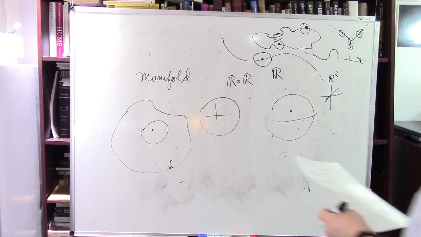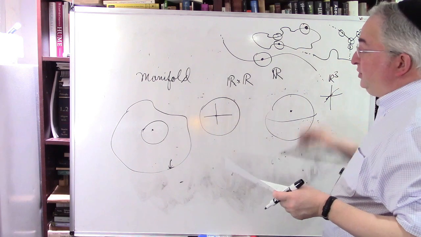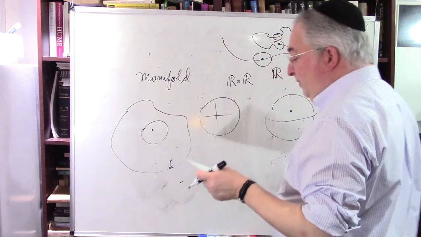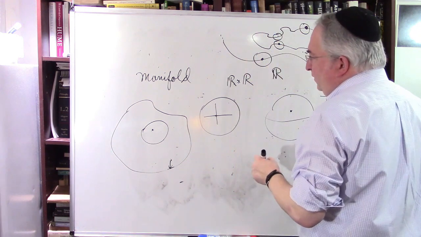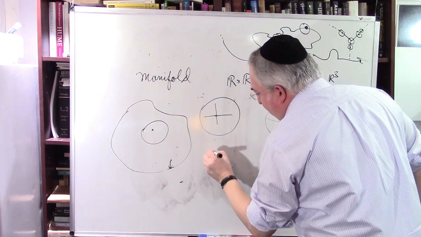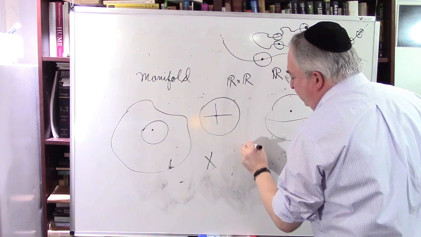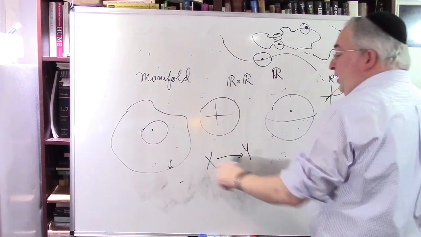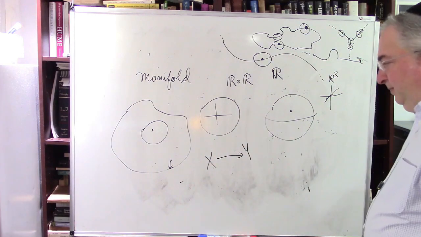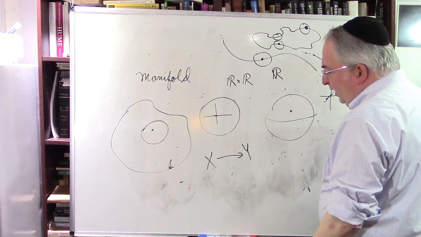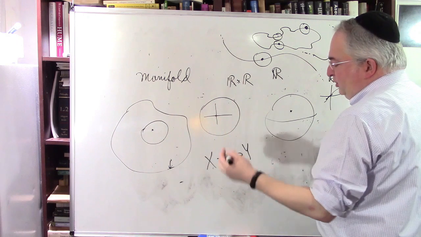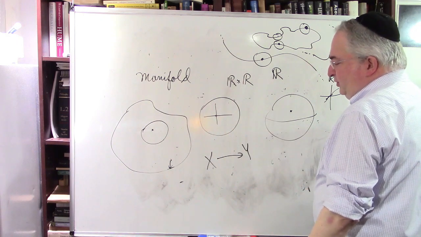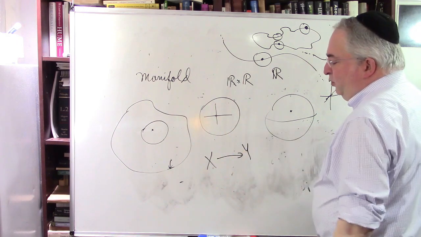So certain topological spaces are manifolds, certain topological spaces are not. Between two manifolds, if X is a manifold and Y is a manifold, you could talk about maps between them. Think of manifolds as special types of topological spaces, with more structure.